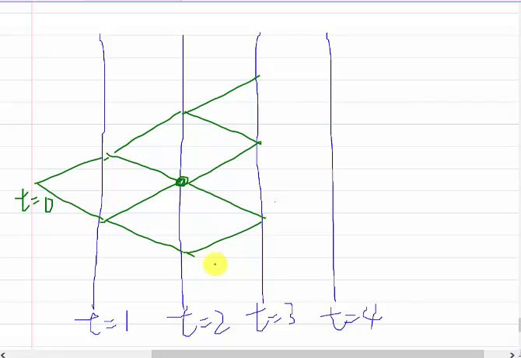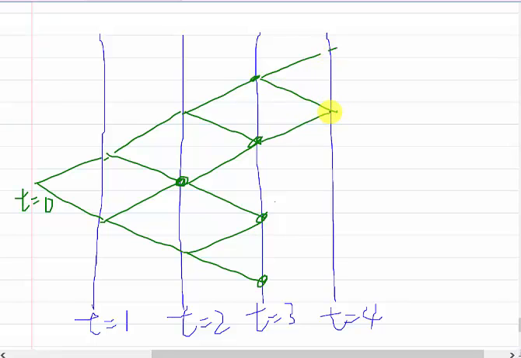And now we have how many nodes? 1, 2, 3, 4. 4 nodes. And make it into the fourth period for T4. T equals 4.